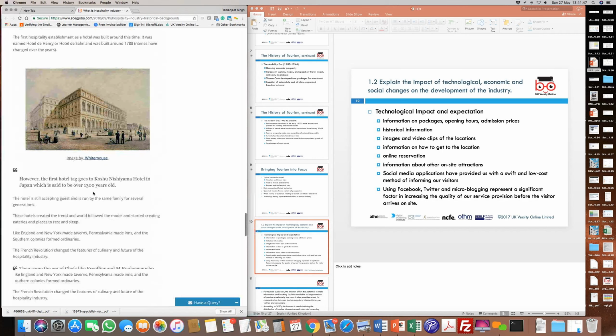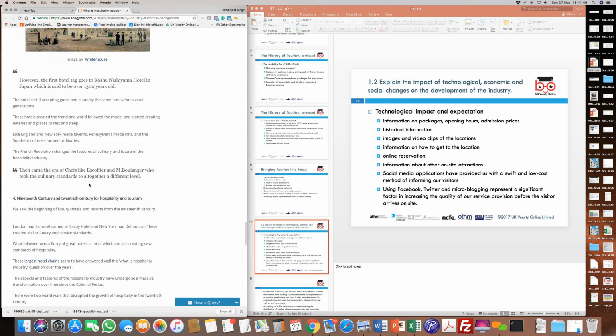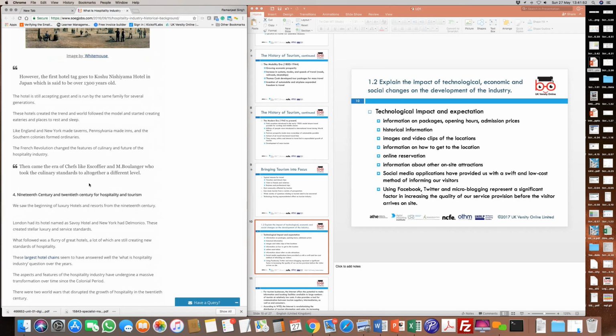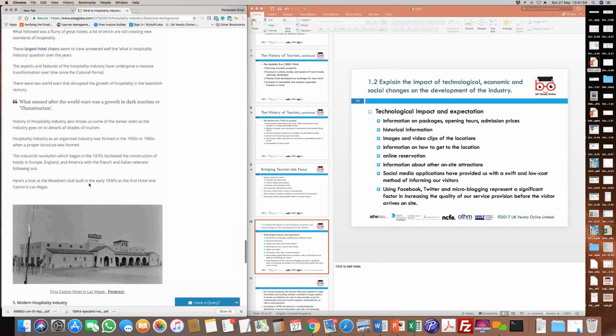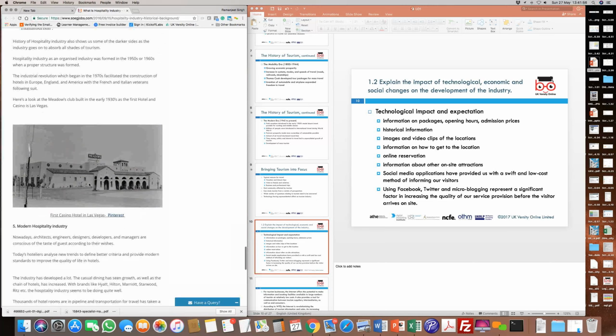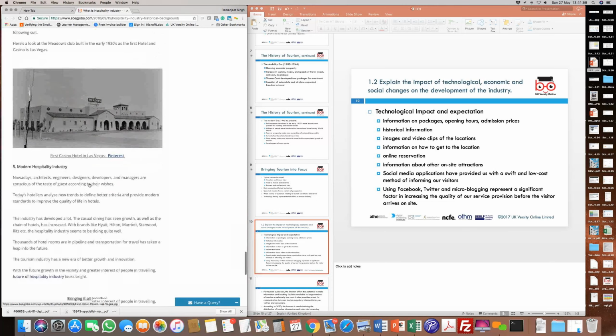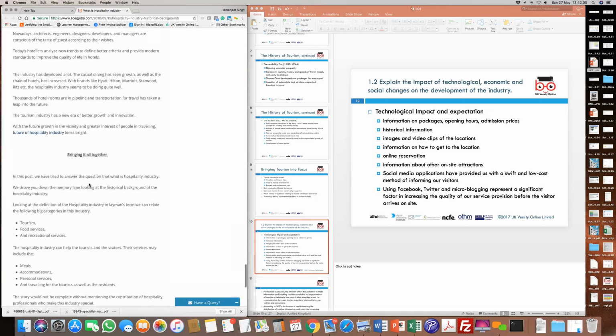I think these are extracts that somebody has put together on a blog, but it gives you a very good understanding of how the sector has evolved. It'll take about 5 or 6 minutes to read, a 2-3 page read, which is good enough to give you a good understanding.